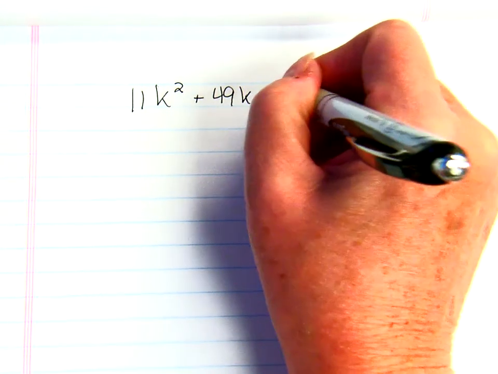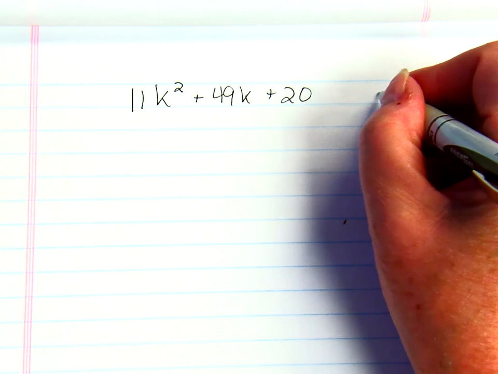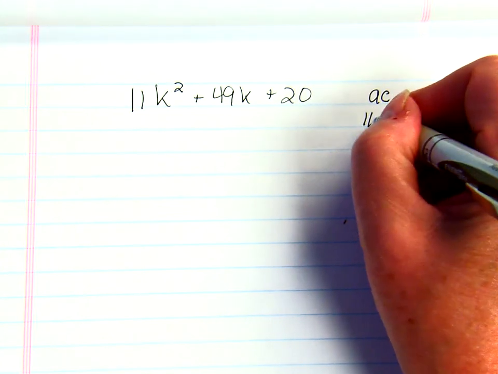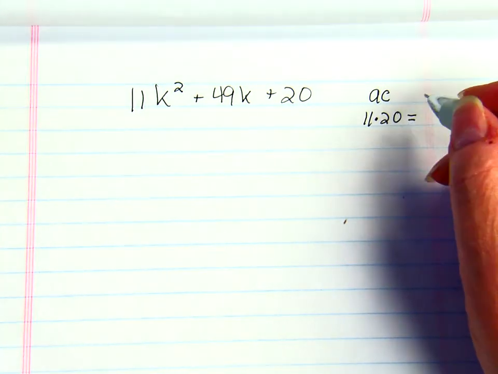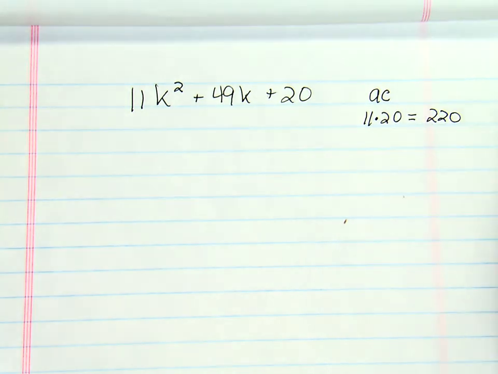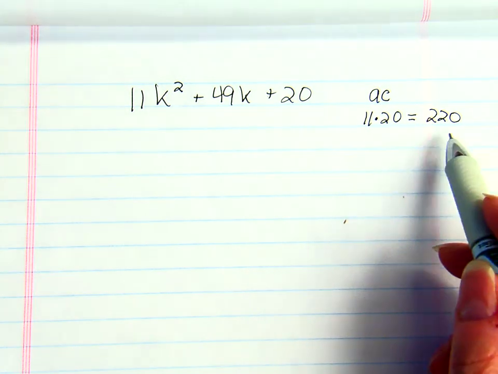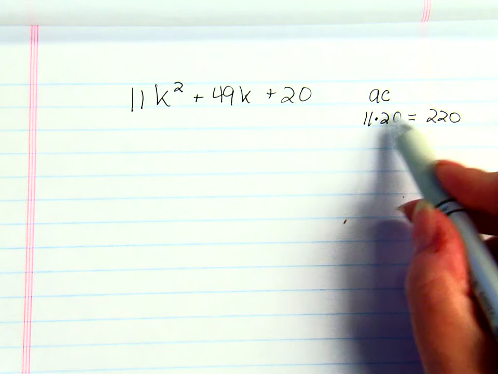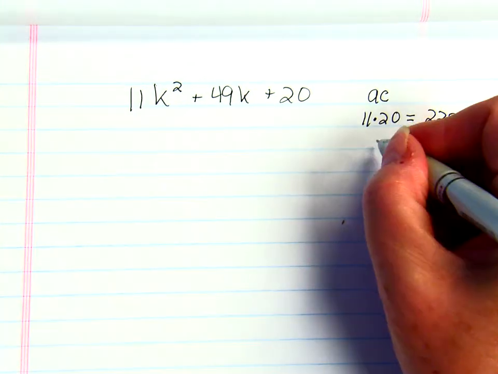plus 49K plus 20. I'm going to find AC, so AC is going to be 11 times 20, which equals 220. When I look at my 220, I've got those factors of 20 that I can always use.